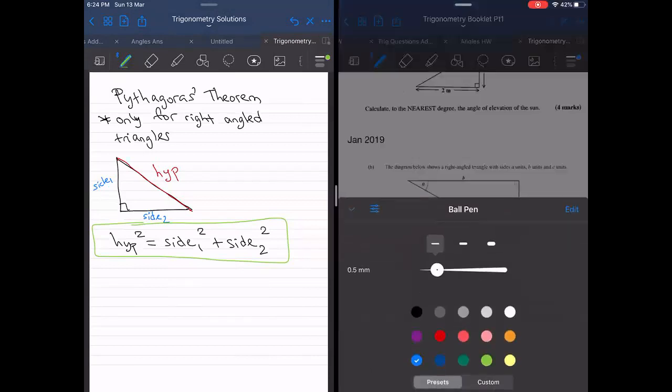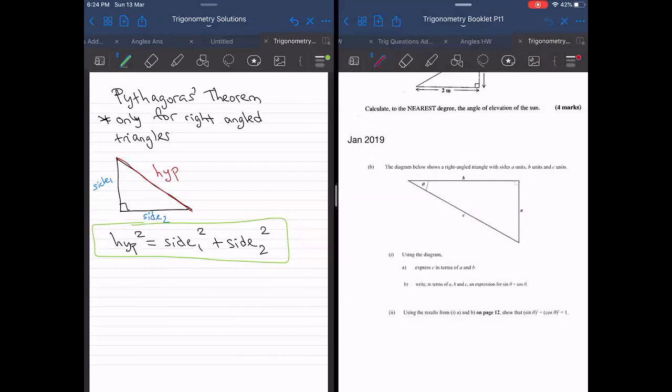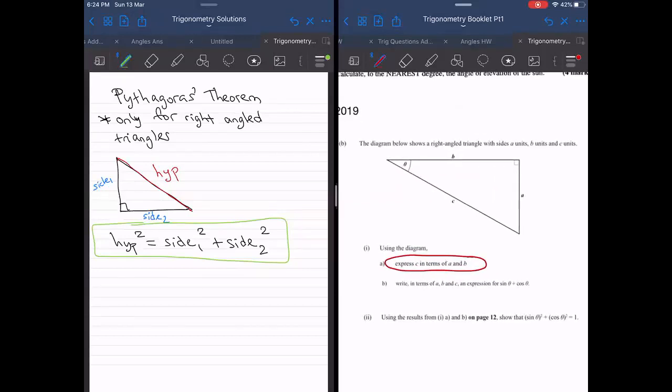Let's look at it. It says the diagram below shows a right angle triangle with sides A, B, and C. It says using a diagram, express C in terms of A and B.